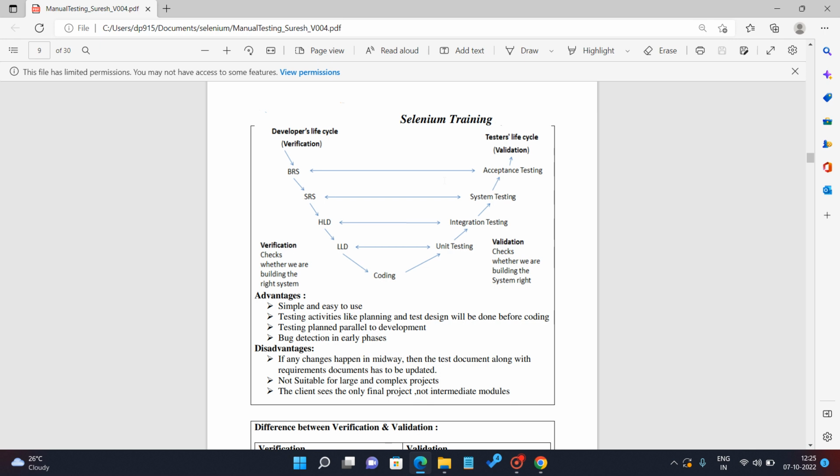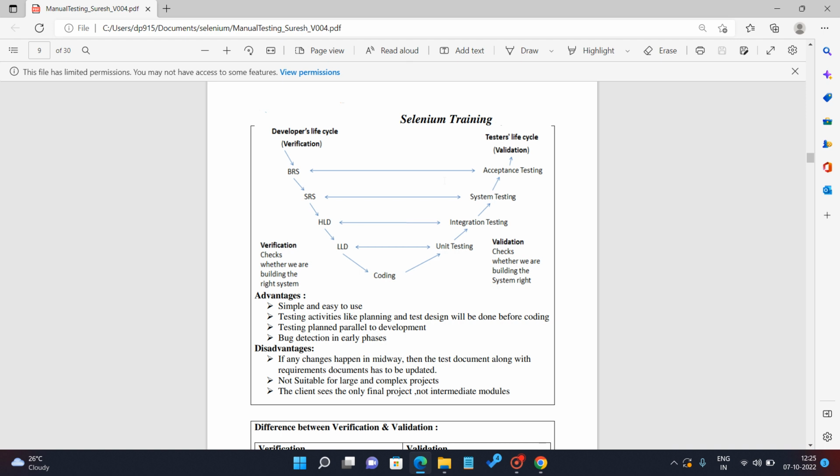The advantages are that development activity and testing activity start from day one of the project, and there is the possibility of identifying issues in the starting stages. The drawbacks: dependency on documentation, which are the BRS, SRS, and FRS documents.